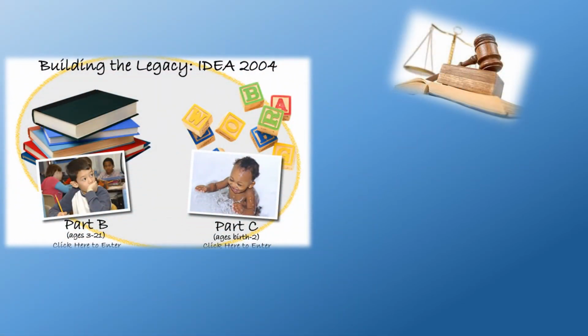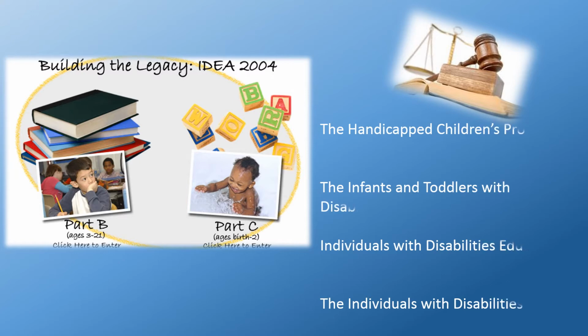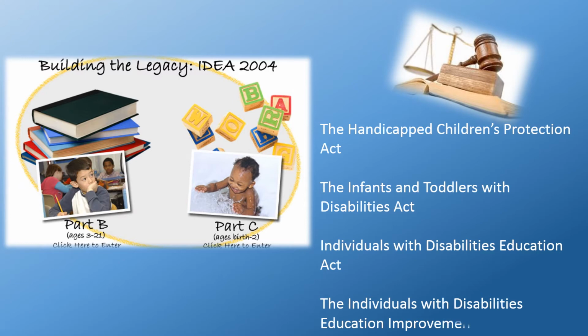Since 1975, the EAHCA underwent many other numerous changes. These changes have afforded more rights and protections to students with disabilities under IDEA. The following 4 acts saw significant procedures and protections for students with disabilities: the Handicapped Children's Protection Act, the Infants and Toddlers with Disabilities Act, the Individuals with Disabilities Education Act of 1990, and the Individuals with Disabilities Education Act Amendments of 1997.